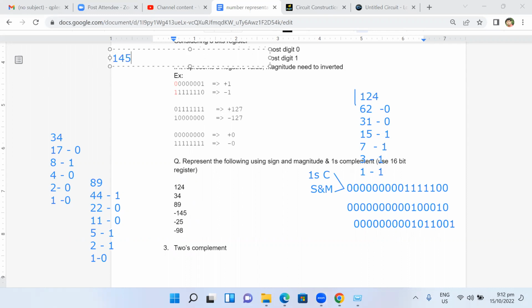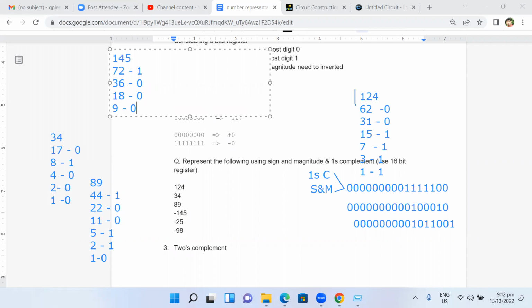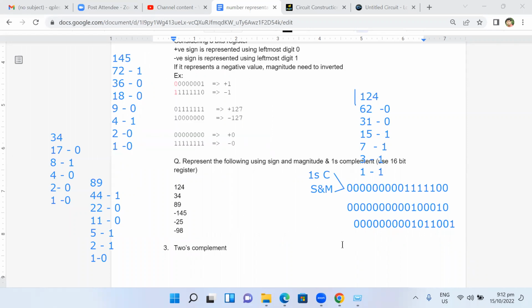Let's write it here. 145 divided by 2 is 72, remaining 1. 72 remaining 1, then 36 remaining 0, 18 remaining 0, 9 remaining 0, 9 divided by 2 is 4 remaining 1, 2 remaining 0, and 1 remaining 0. So the value is negative 45.